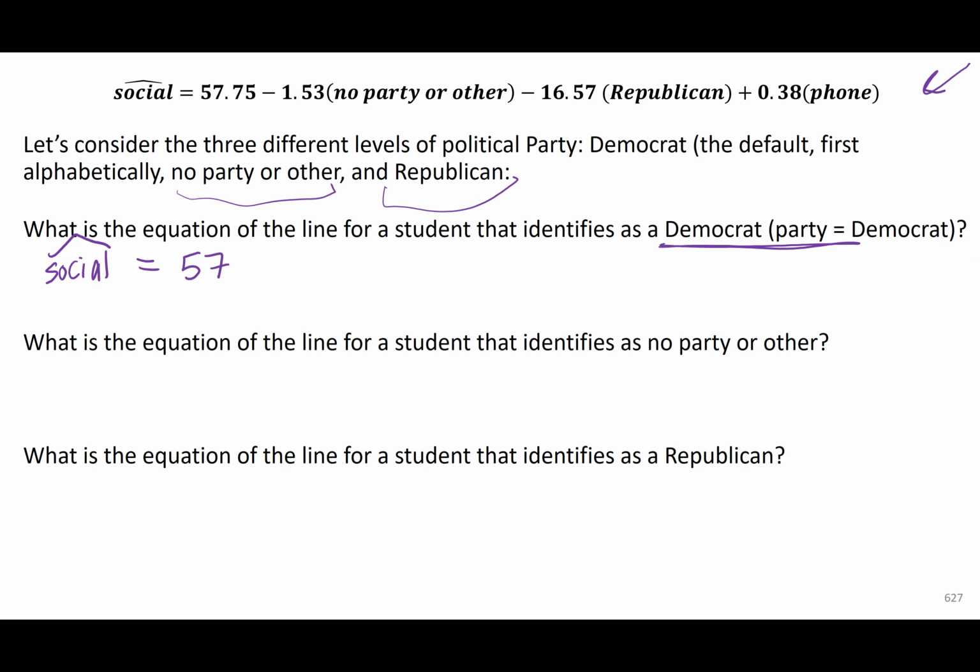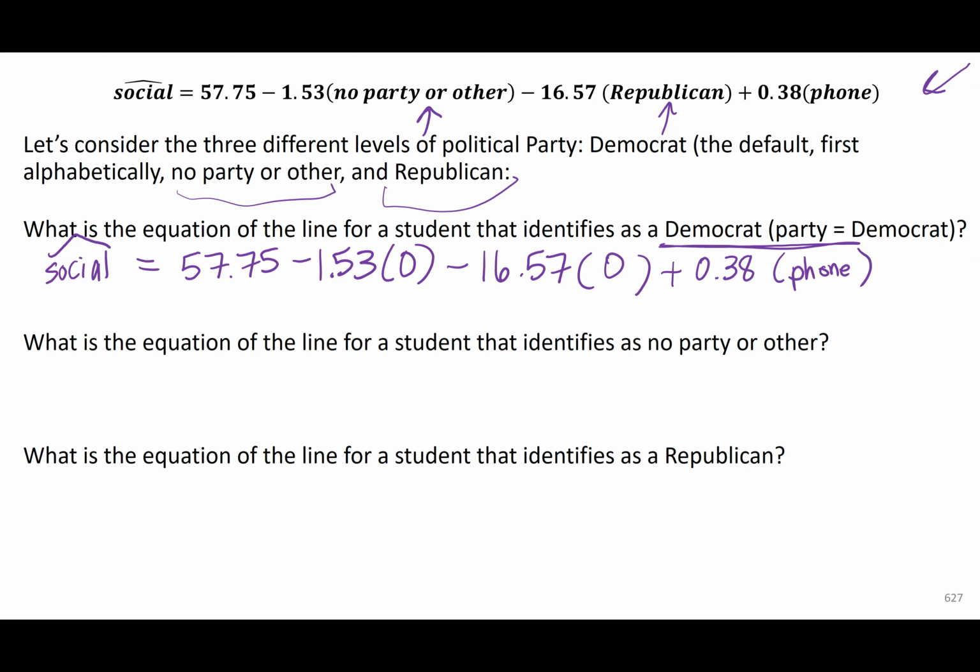So it'll be 57.75 minus 1.53. And then if they are Democrat, they are not no party or other, so I will plug in a 0. Minus 16.57 times, and if they are Democrat, Republican is going to be equal to 0 because they're not Republican, plus 0.38 times phone.